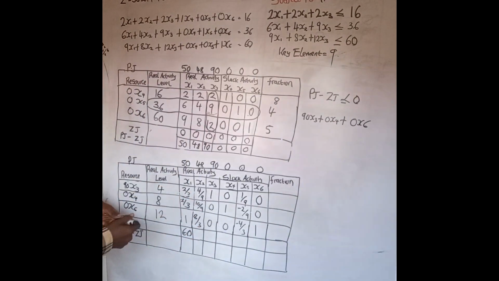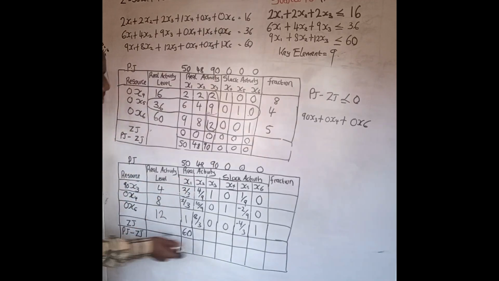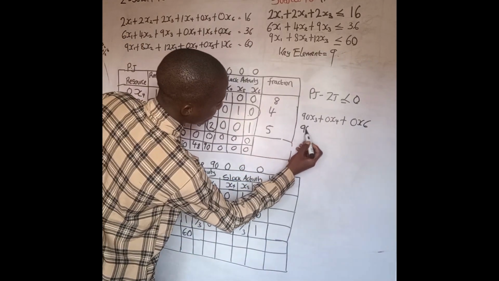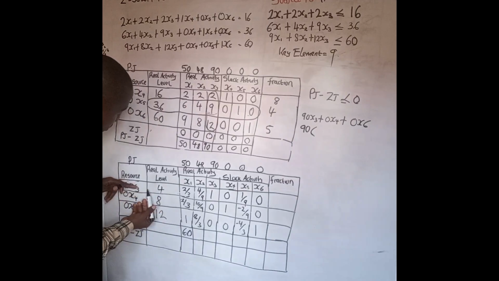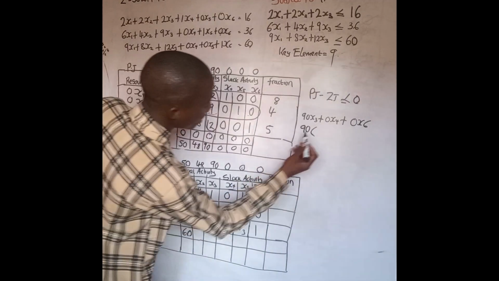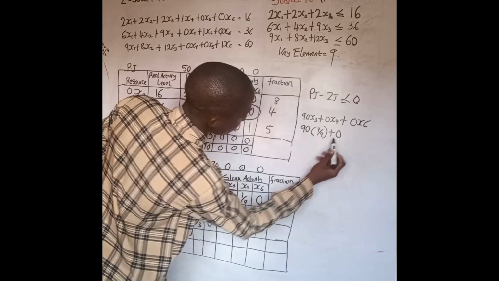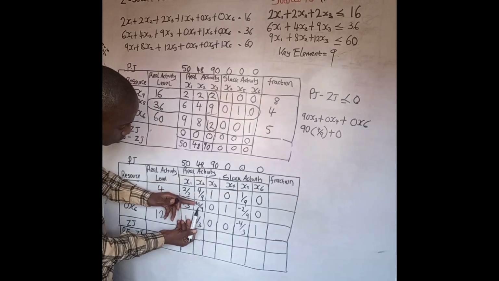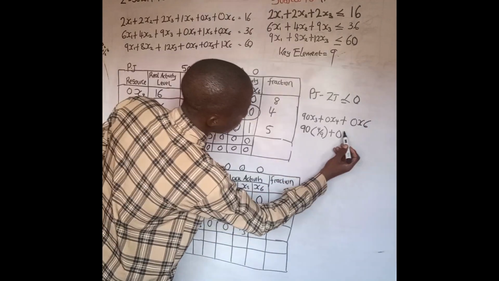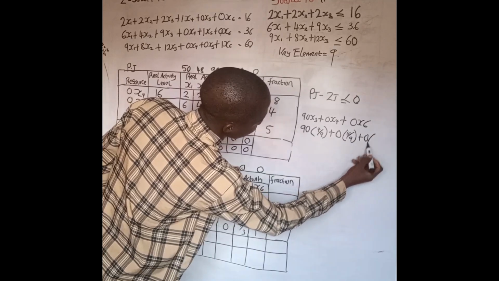Now, the value of PJ for column x2 will be 90 into bracket. We are going to trace the corresponding element of x2, that is 4 over 9. 90 into bracket 4 divided by 9 plus 0 into bracket. We are going to trace the corresponding element that belongs to column x2, that is 10 over 9, into bracket 10 over 9 plus 0 into bracket.